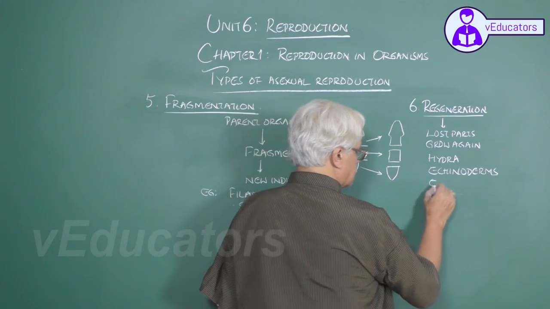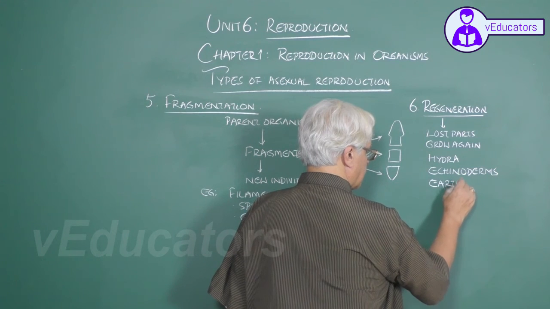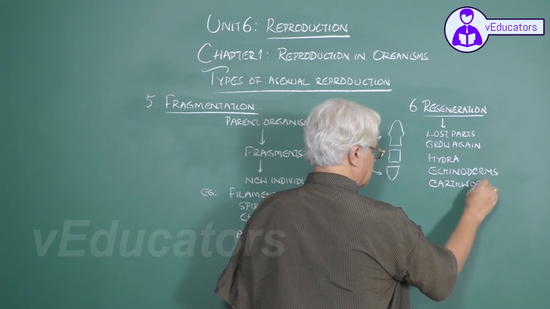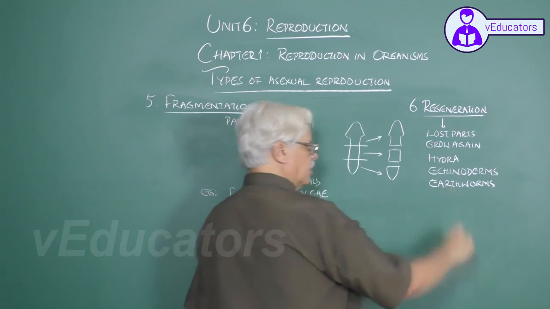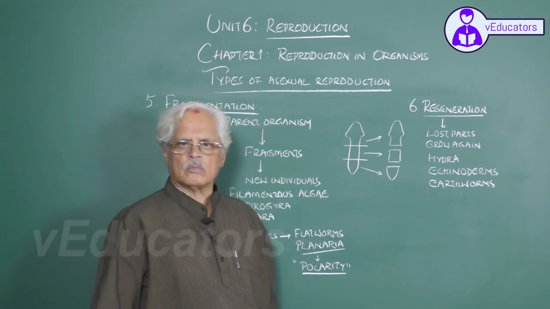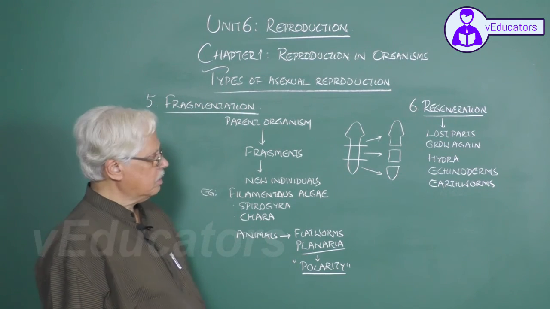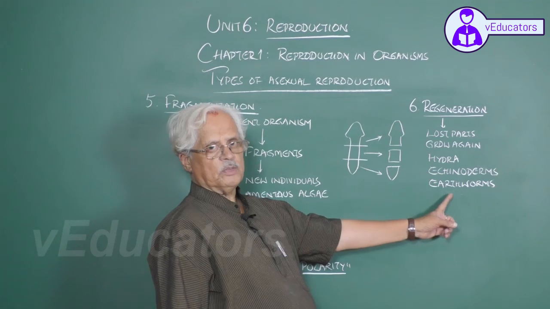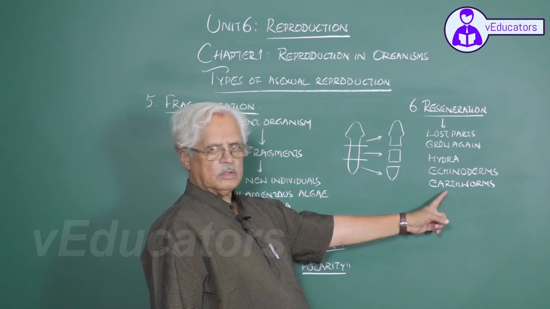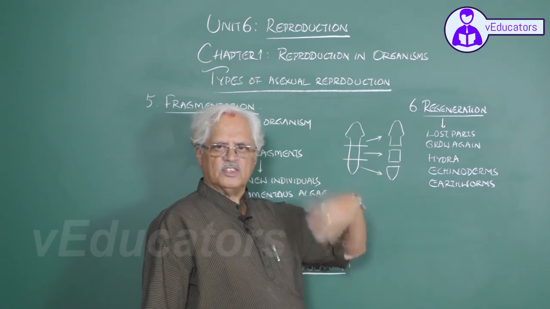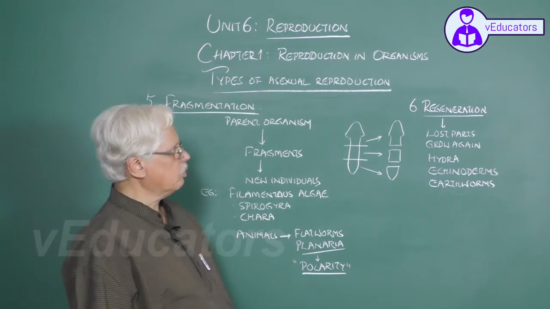Similar capacity is observed in earthworms living in soil. During plowing, many a times earthworms get cut into pieces, and each of these pieces can regenerate into new worms.